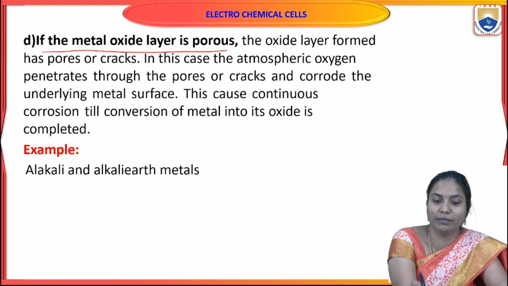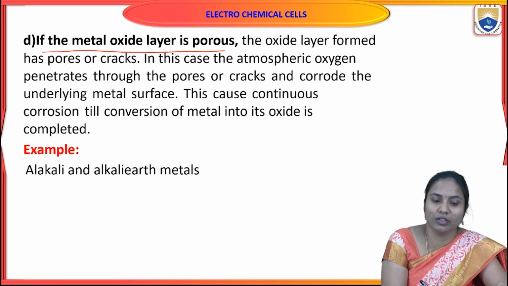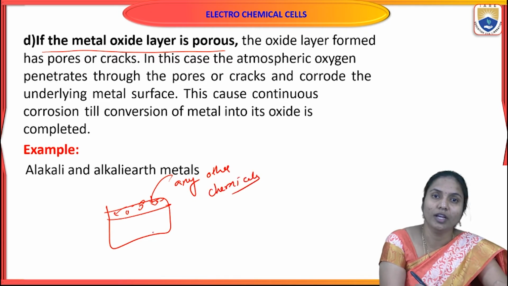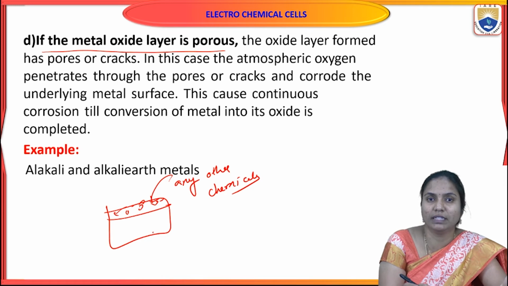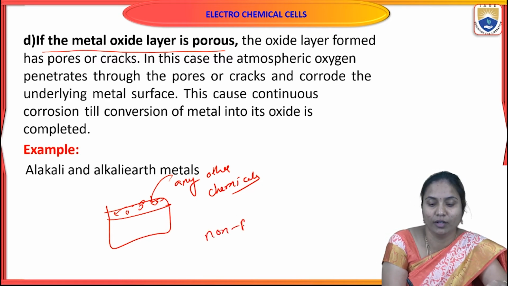Now discuss, if the metal oxide layer is porous, that means simply we say it is non-protective, because if the metal oxide layer has pores, then through these pores any other chemicals attack the metal surface, so that's why this metal easily undergoes corrosion. So if pores are formed on the metal surface, in this case also the metal oxide layer acts as non-protective.